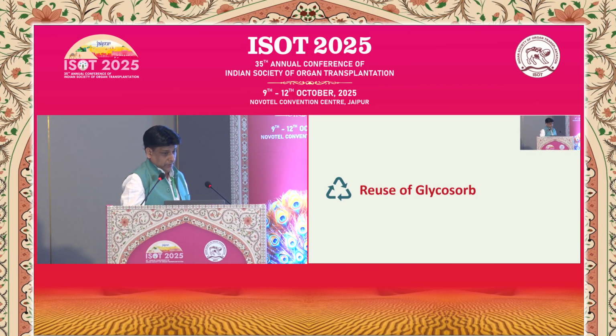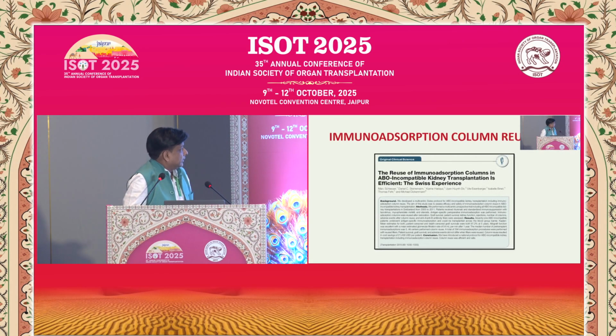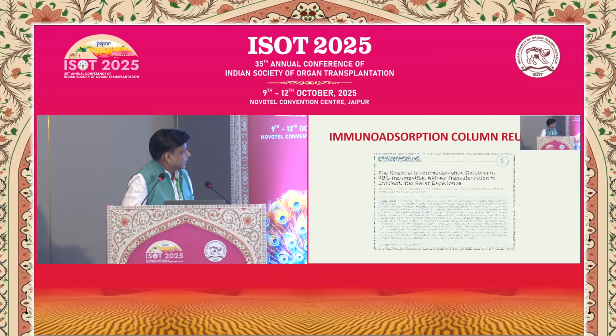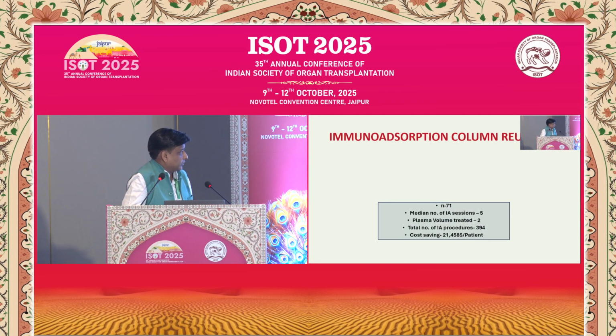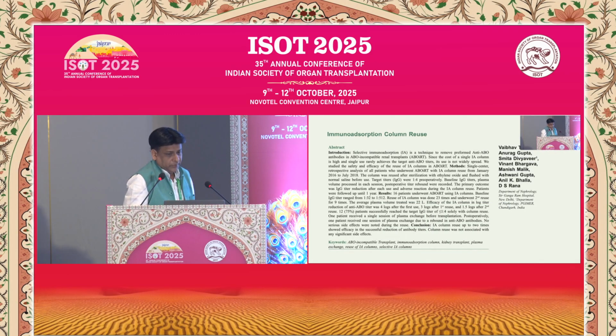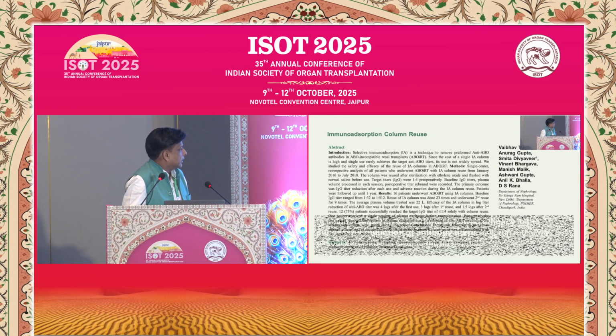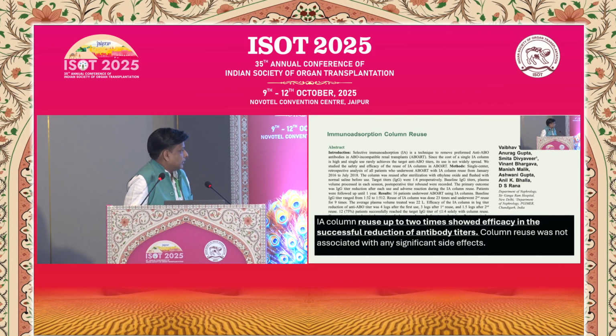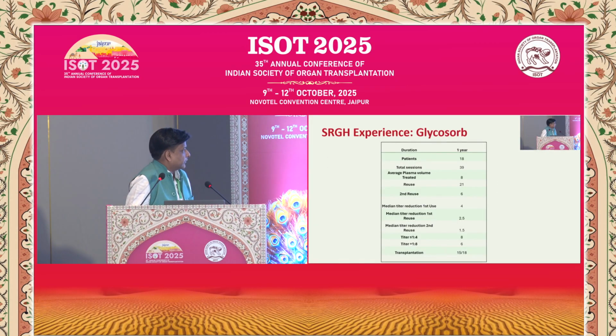Now the question is, can we reuse Glycosorb? What is the available data? The Swedish group itself said that you can reuse. They reused in almost 71 patients and found there was cost saving and effectiveness was the same. This is the paper from our center where we reused in almost 16 patients, and we found that reuse up to 2 times shows efficacy in successful reduction of antibody titers, and column reuse was not associated with any significant side effects.